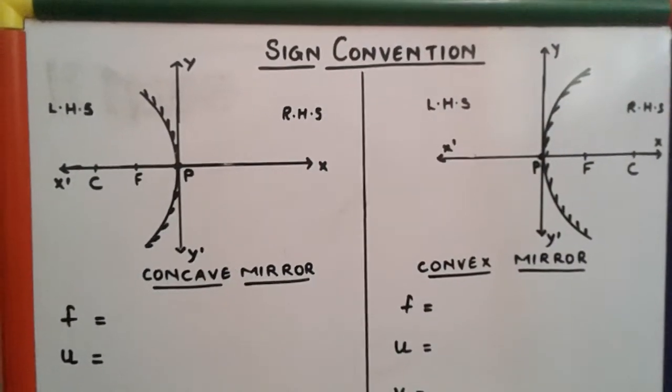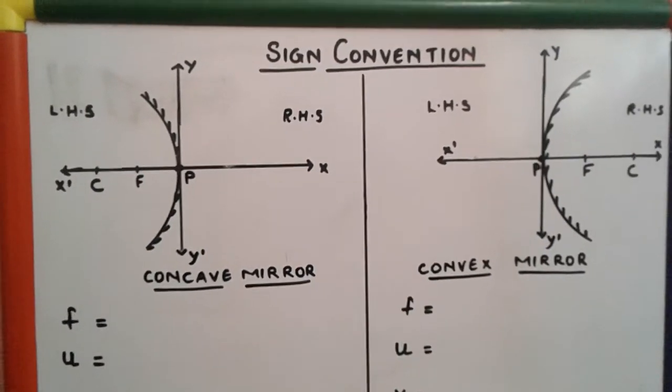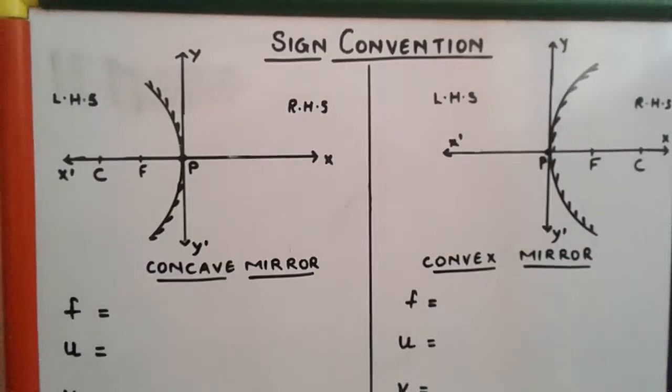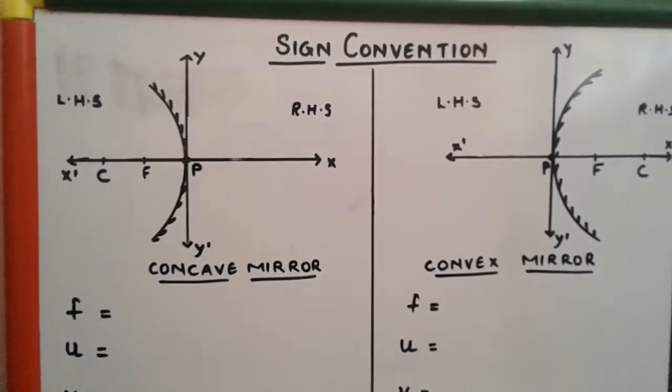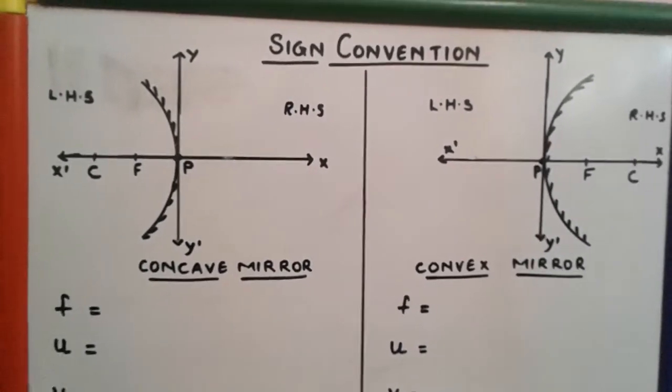Here I have drawn a concave mirror and a convex mirror, and the points that we have just seen, we are going to apply. You can see on the Cartesian plane I have drawn the concave mirror as well as the convex mirror.